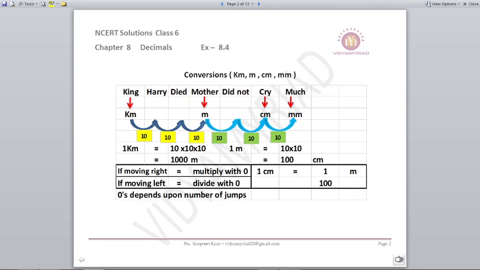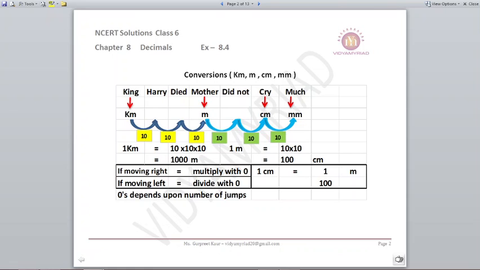For example, if I want to change from centimeters to meters, I am moving backwards. How many steps did I move backward? 2 steps. I took 2 jumps to reach meters. 2 jumps means I will divide it by 100.